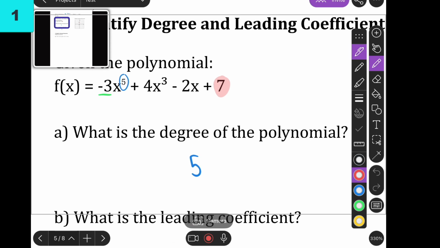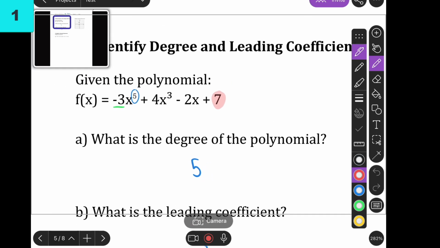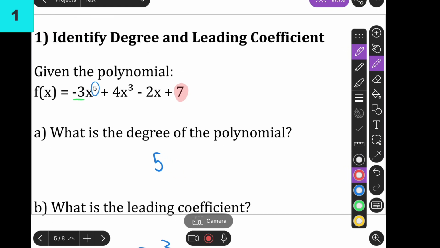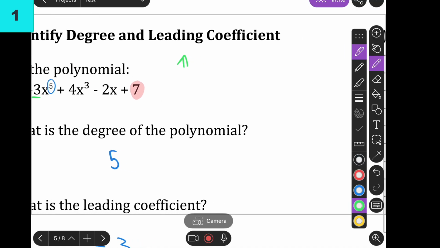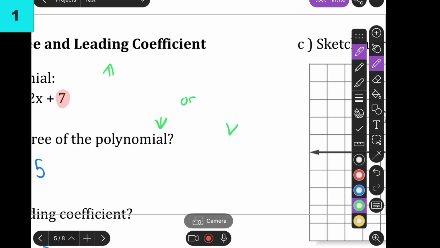Next, I want to use the degree of this. So if you notice, my degree is 5, which is an odd number. So if we remember in class, we know that odd end behaviors means that I start off either on the left-hand side and crash on the right, or I start down here on the left-hand side and eventually I grow up.